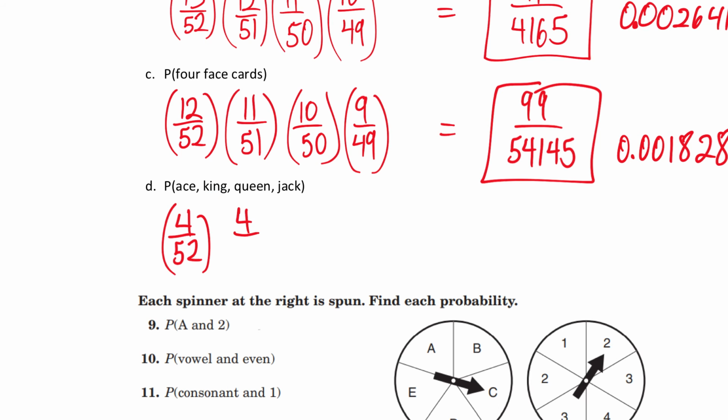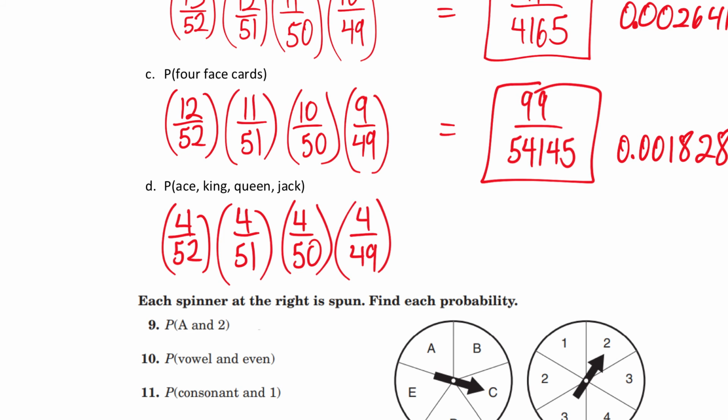But we do still have that one card, so that does drop that number down, because now there's only 51 cards. So what's the probability of choosing a queen the third time? 4 out of 50, and then probability of choosing a jack the fourth time is 4 out of 49.